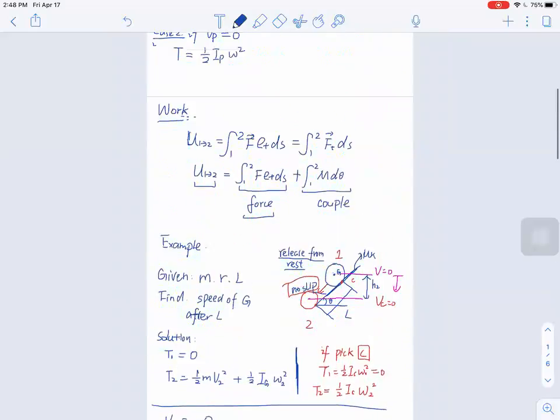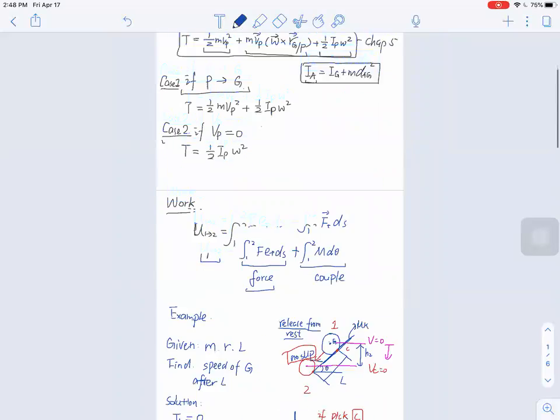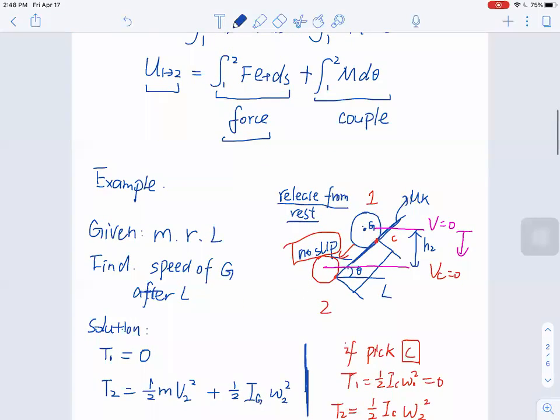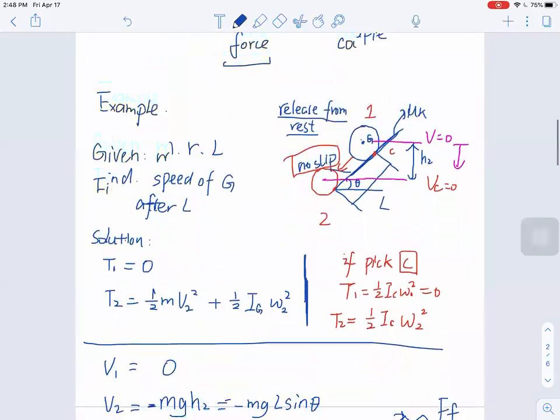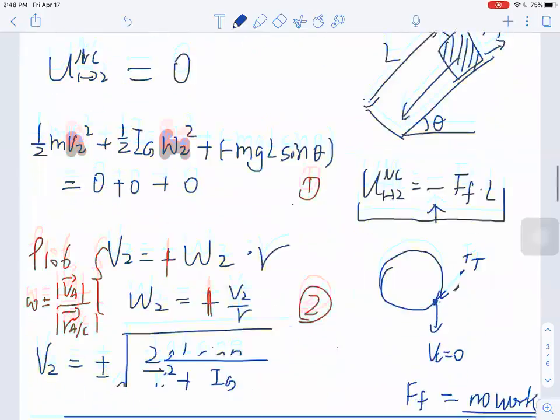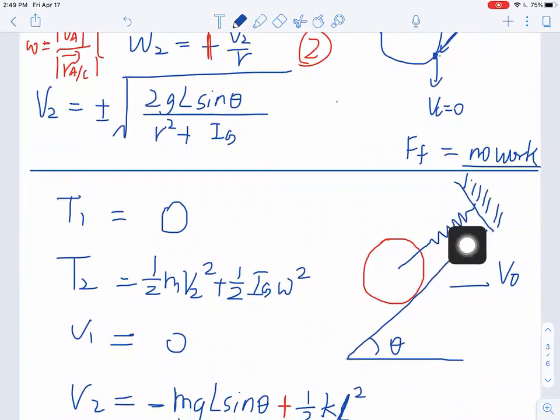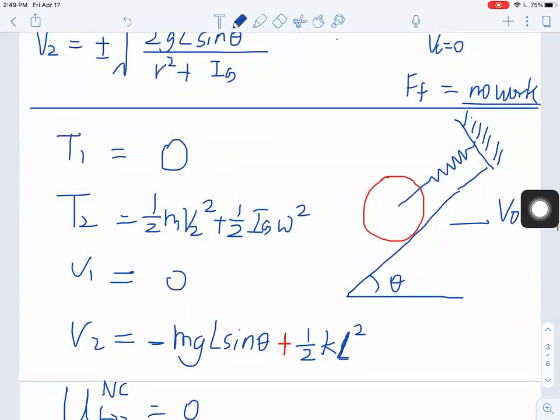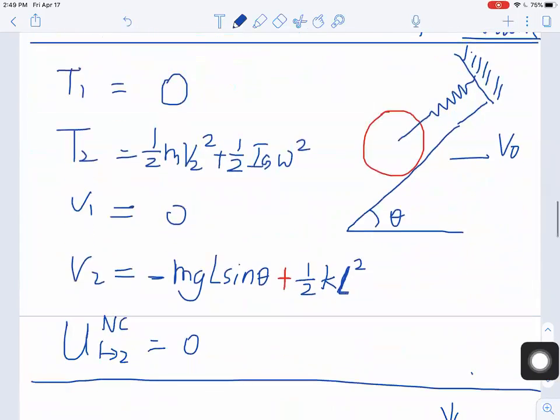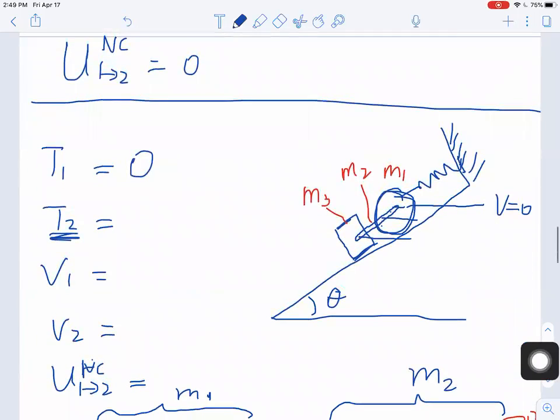So overall, let's go back. We started with a very simple example with just a disk rolling down a slope, and we did the rigid body work energy equation. We added a little bit more complexity by adding a spring, and that changed the potential energy at position 2. And later on, we added multiple masses in the problem.